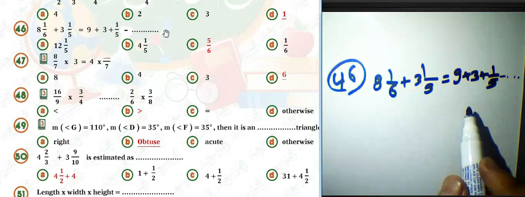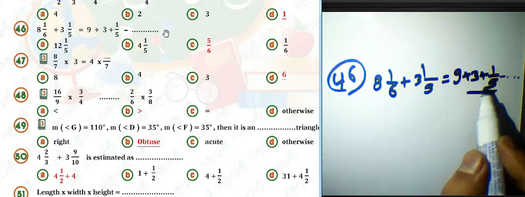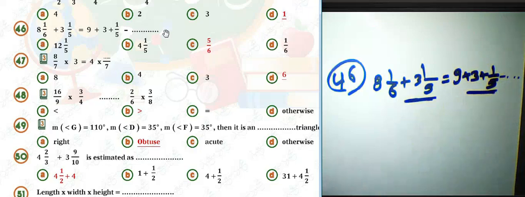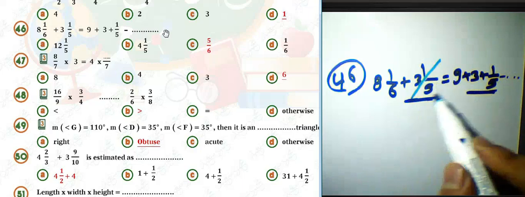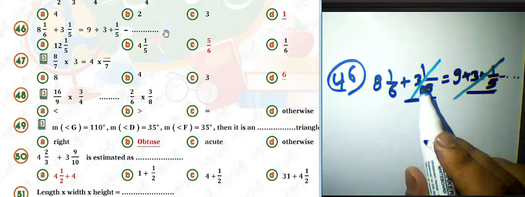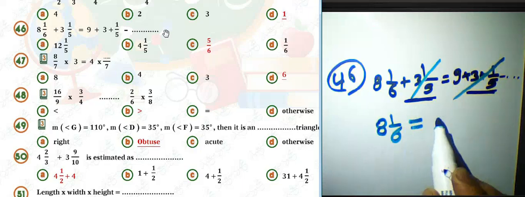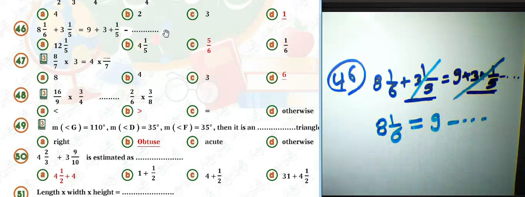We can find the result. 1 over 5, we can cancel 3 and 1 over 5 by 3 and 1 over 5. It's equivalent. Okay, so we must cancel this fraction by this fraction, mixed number by mixed number. So we have 1 and 1 over 6. It will be equal 9 subtract by space.